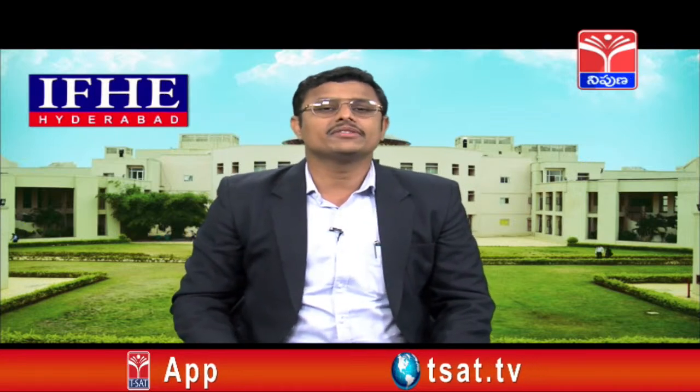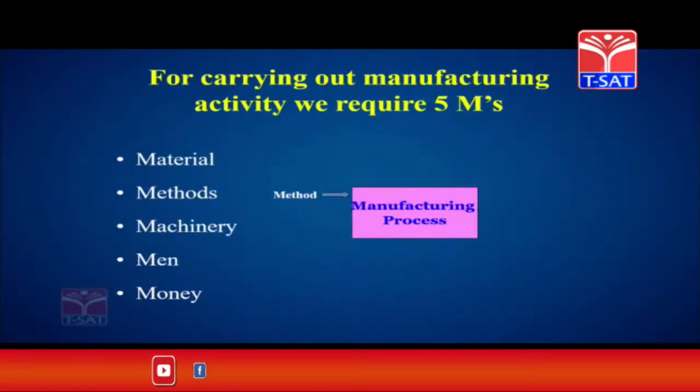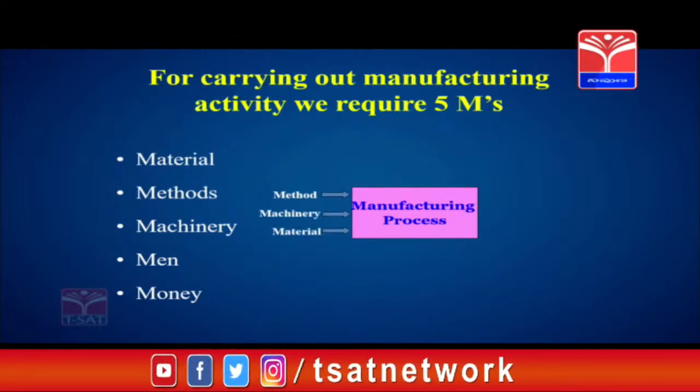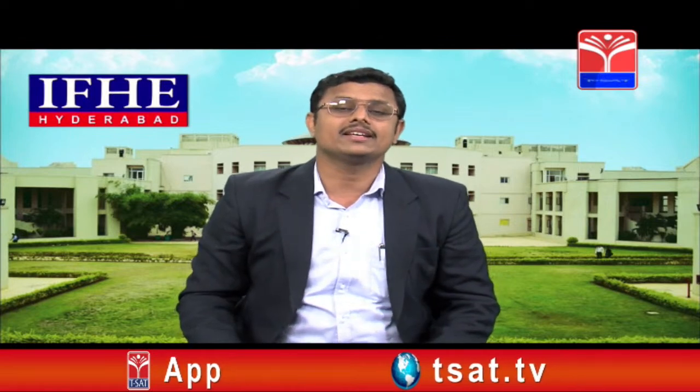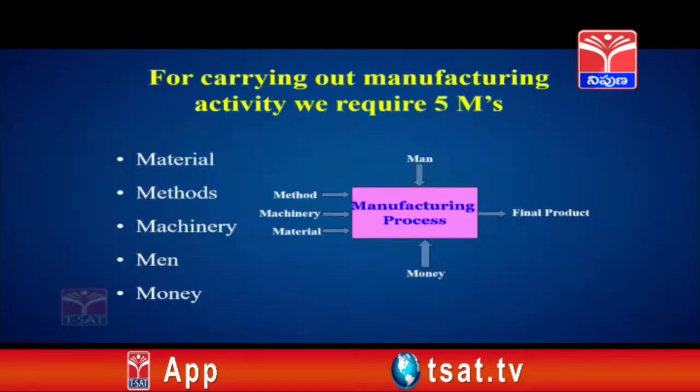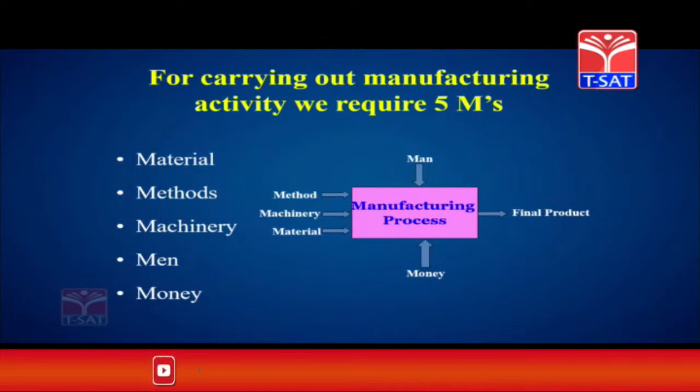See here, we are giving as an input a method, machinery, and material. These three we are giving as an input to the manufacturing process, and we are getting the final product. In between, we are adding men and investment. Some investment is required.